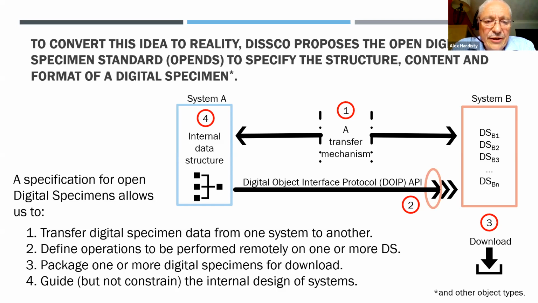It would allow us to package one or more digital specimens for downloading from a system to a local system. And it can guide but not constrain the internal design of such systems, for example, by specifying the kinds of behaviors of systems in cases where systems are faced with unexpected forms of data.